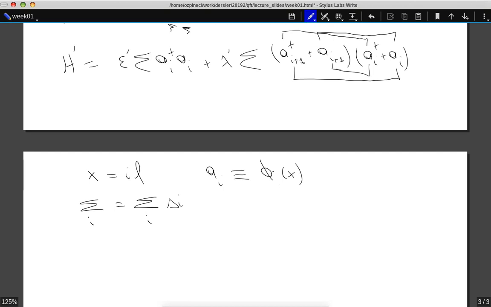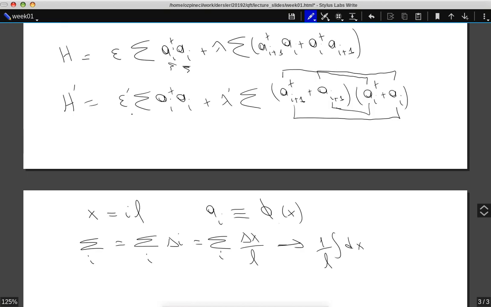But this is also the same thing as the change in x divided by L, which is, when I take the limit as L goes to 0, that's the continuum limit, I'm just taking the separation between two points to go to 0. And this will eventually go to this integral dx with the 1 over L.